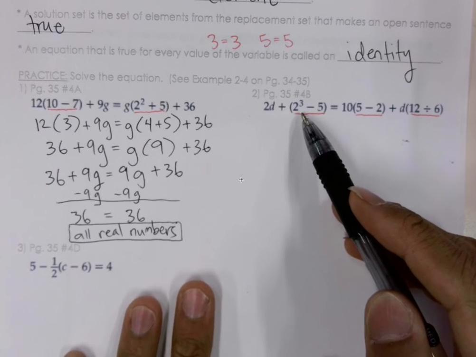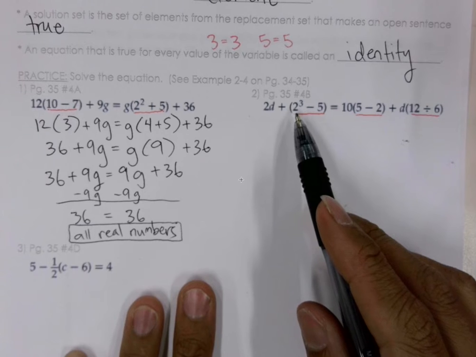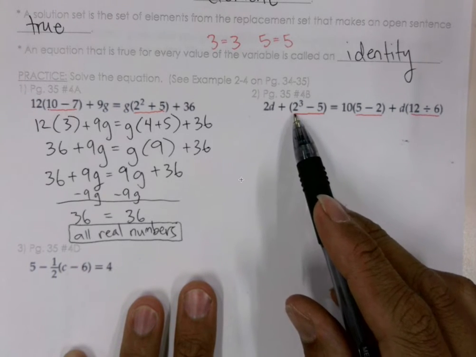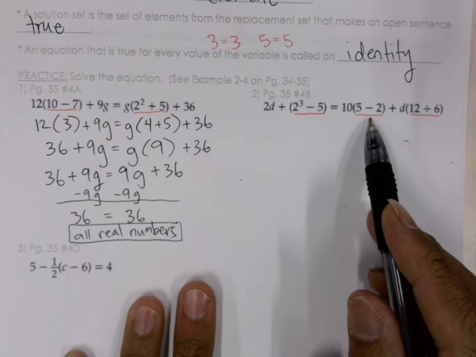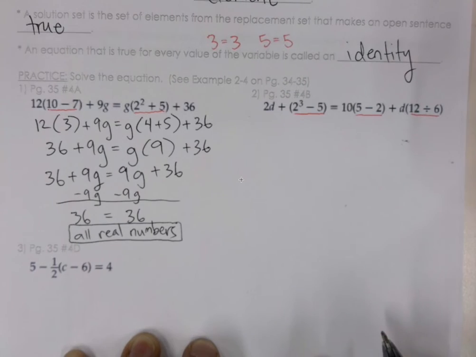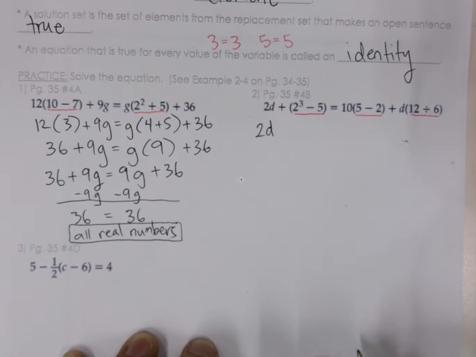Inside of this expression, the exponent has the higher order of precedence, so we will do 2 to the power of 3 first. In the second parentheses, we have a subtraction, and in the third parentheses, we have a division. So let's go ahead and do all of those math operations.